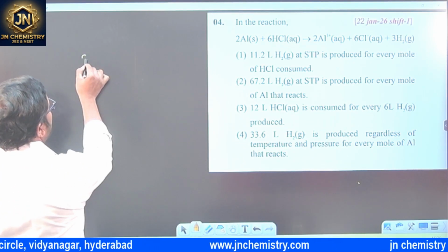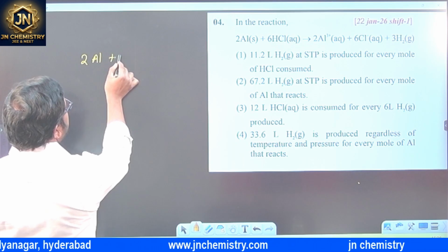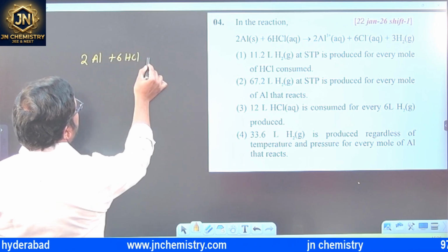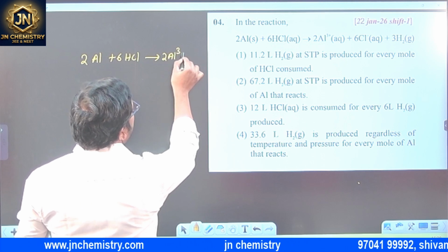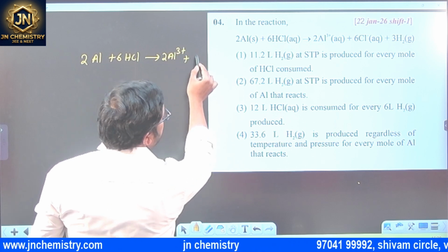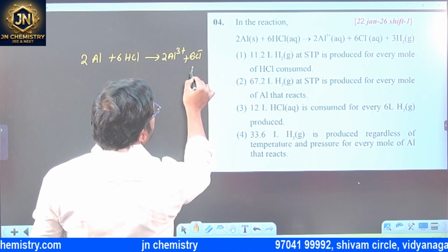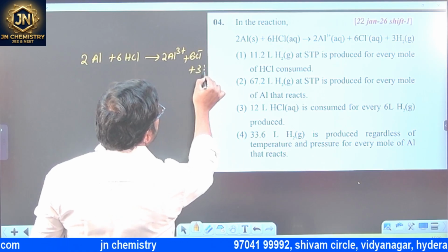According to this equation, 2 moles of aluminium plus 6 moles of HCl give 2 moles of Al3+ plus 6 moles of Cl minus plus 3 moles of hydrogen.